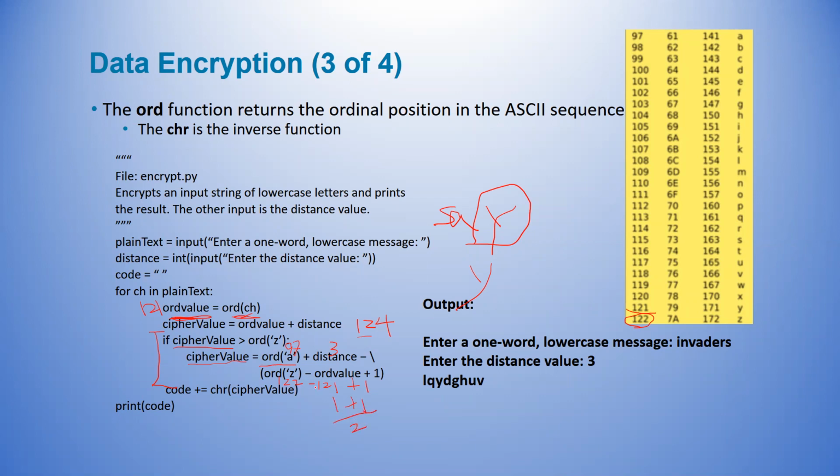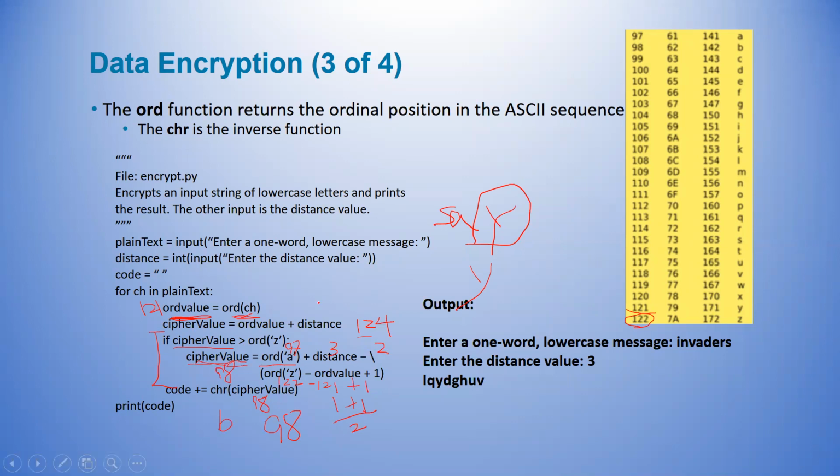So now this is 2. So 97 plus 3 minus 2, that's 100 minus 2. That gives you 98. So that's your new cipher value. It's 98. And 98 converted to a character, that would be B.